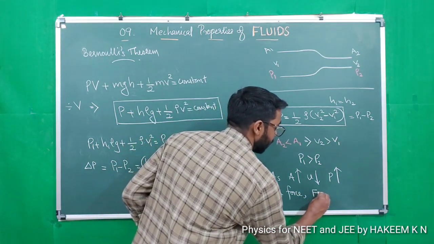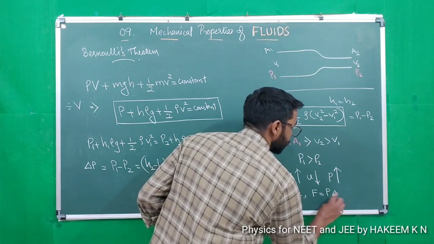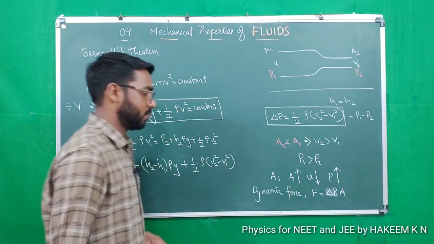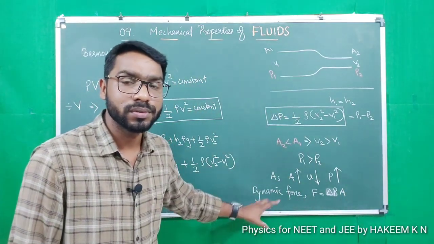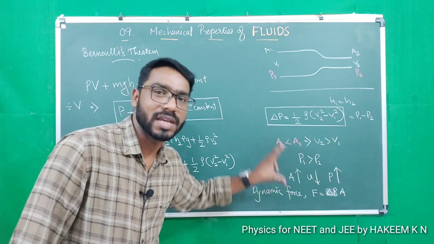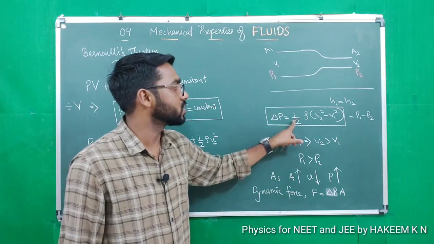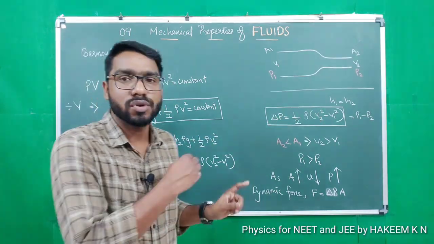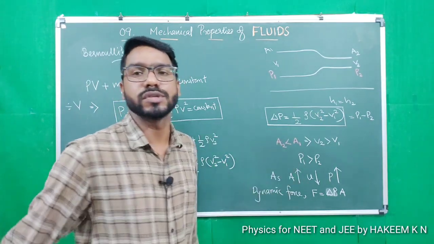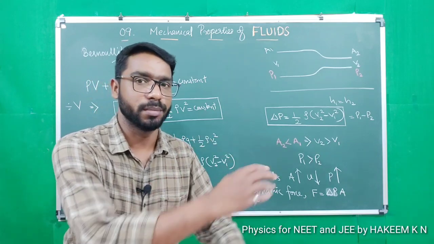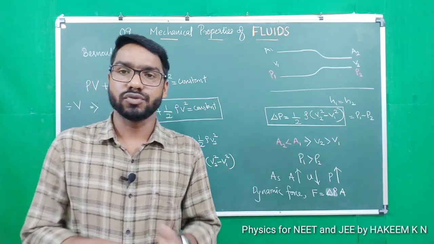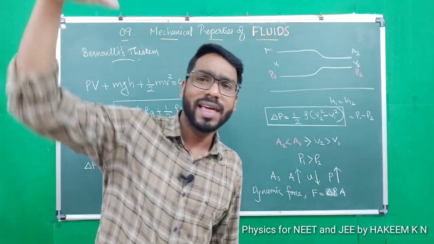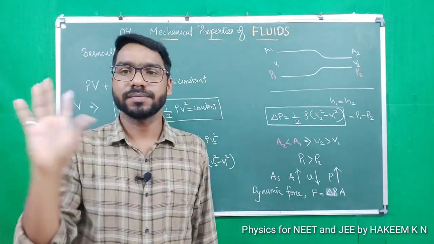Dynamic force F equals change in pressure into area. For the change in pressure we can use half rho into v2 square minus v1 square. So half rho A into v2 square minus v1 square is the dynamic force. That force is actually used for the takeoff and landing of aeroplanes.